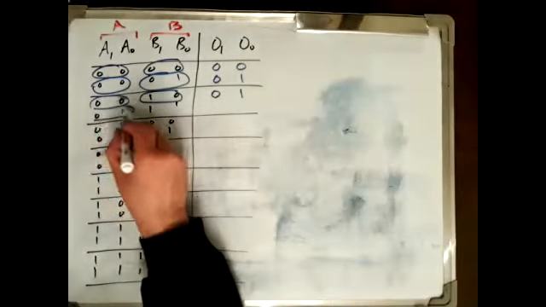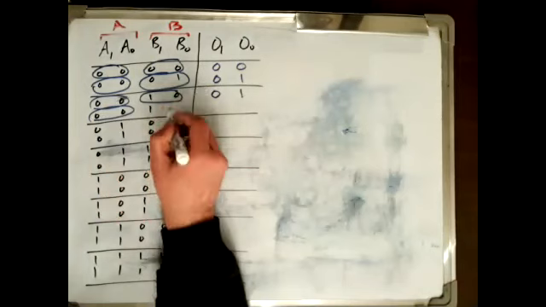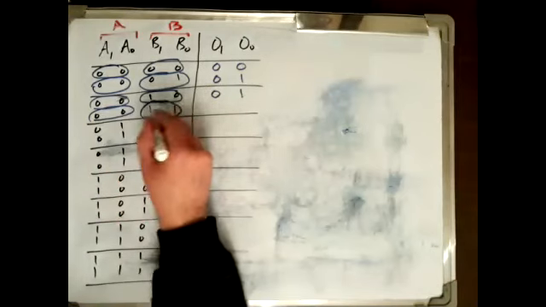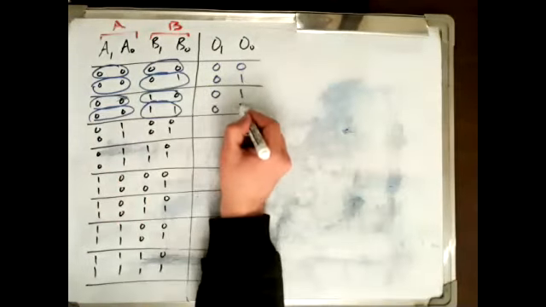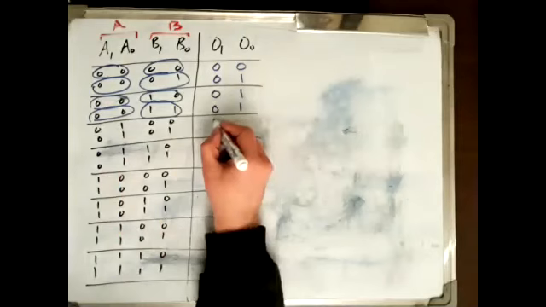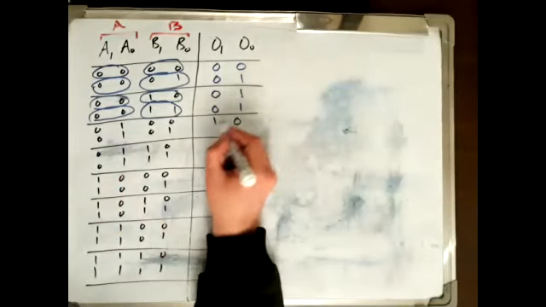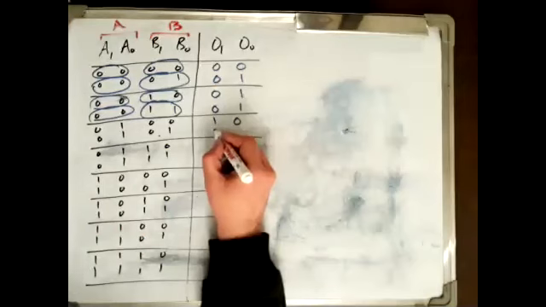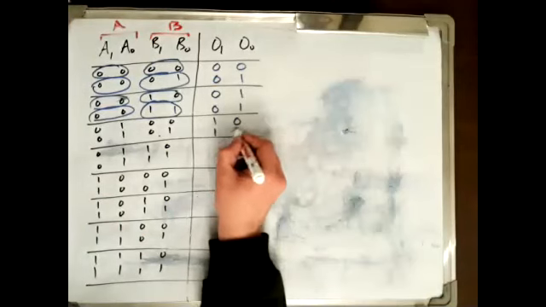Then 0, 0, 1, 1. Still A is less than B, so it is 0, 1. Here, 0, 1. So A is 1, B is 0, so A is greater than B and the output should be 1, 0. Both are equal, and both are odd, so the output should be 1, 1.